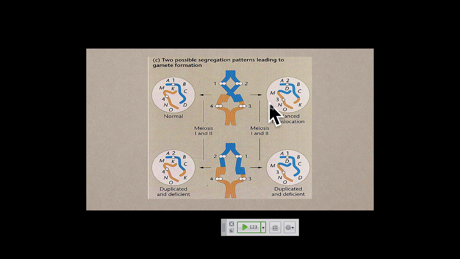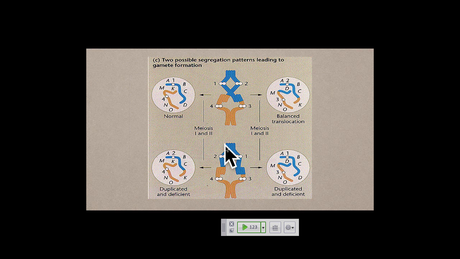Over here you get the two translocated chromosomes, but it's called a balanced translocation because it still has one copy of each of the genetic elements. There's no extra DNA, no gain or loss of DNA. So these are viable.